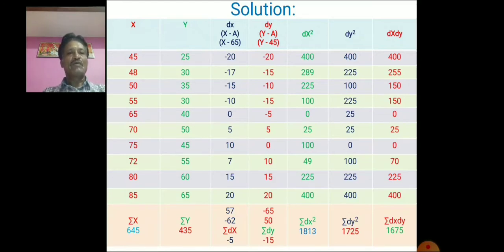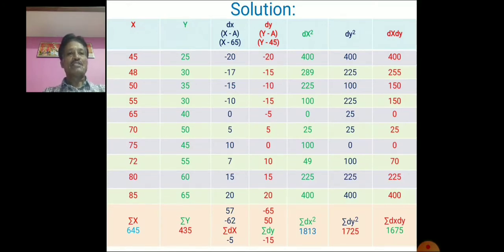Here also we have to add all the negative values separately and all the positive values separately. The negative total is equal to minus 65 and the positive total is equal to 50. Here also the negative is greater compared to the positive, so you put a negative sign and take the difference between 65 and 50, that is equal to 15. So sigma dy is equal to minus 15.